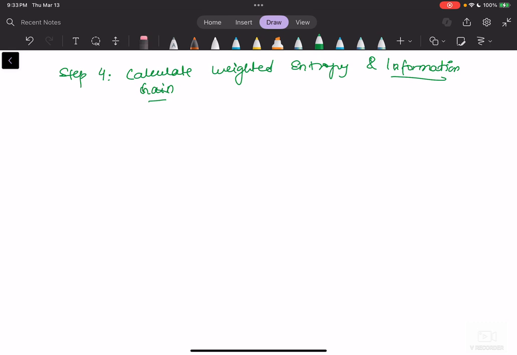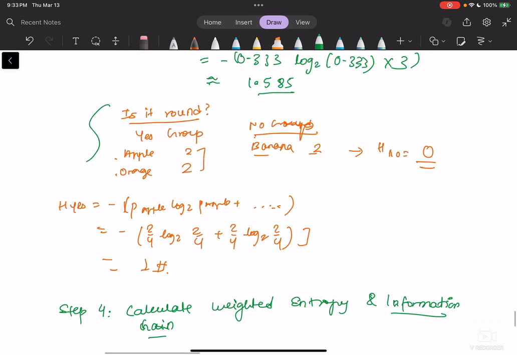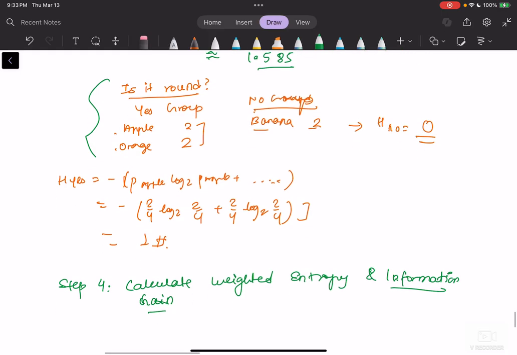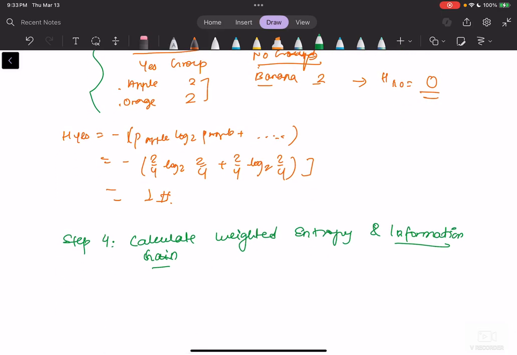Even after a split, some parts of the data set may still be impure, right? We've looked at this, it's still impure. So we calculate weighted entropy to see how much impurity remains after the splitting is done.